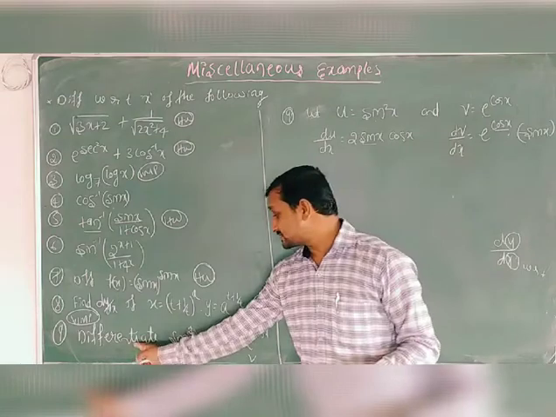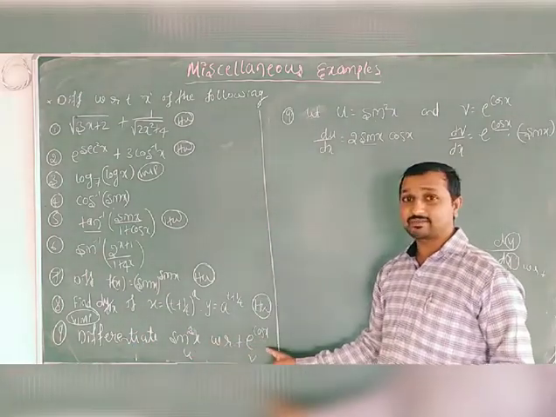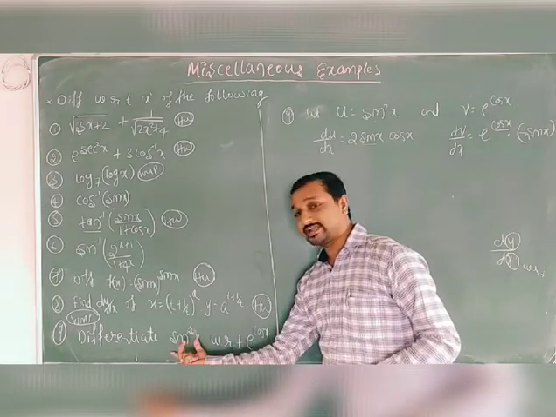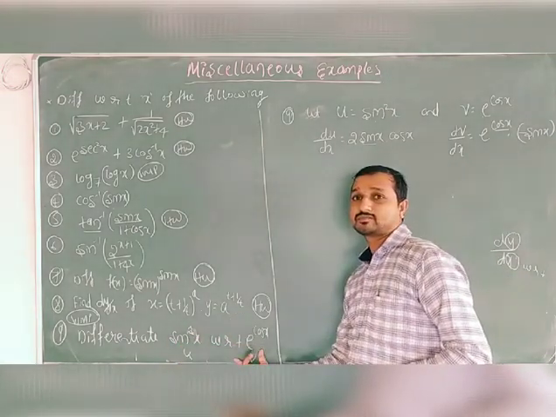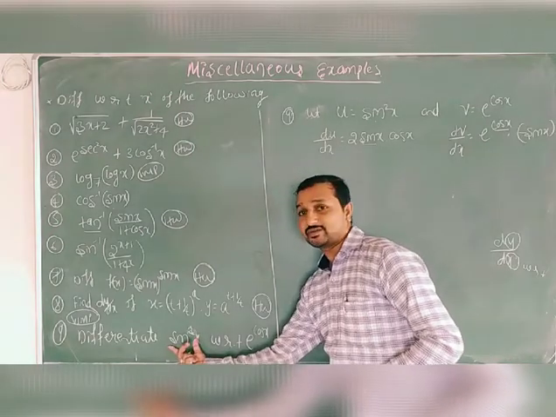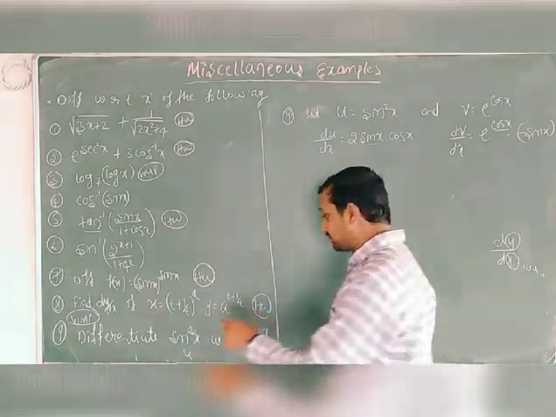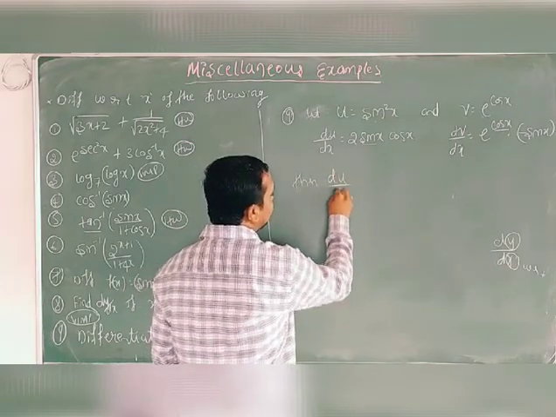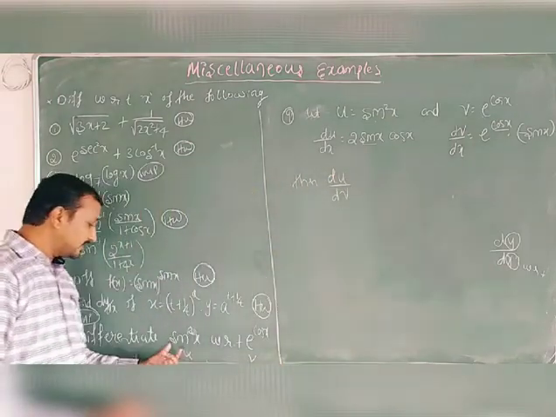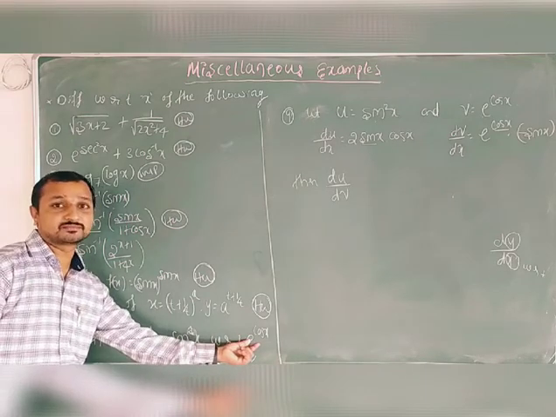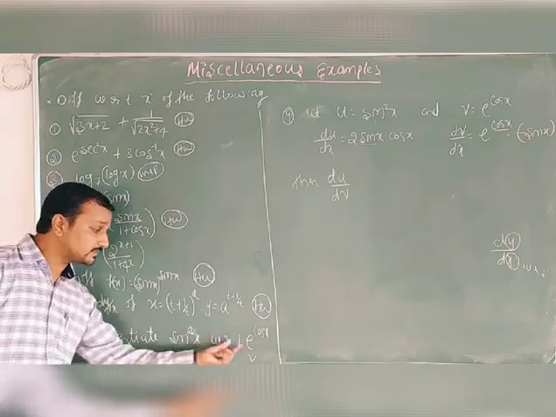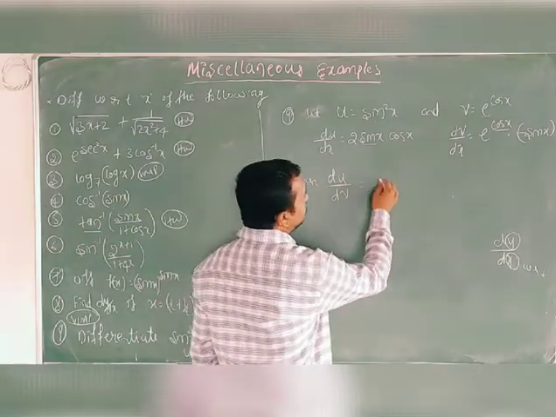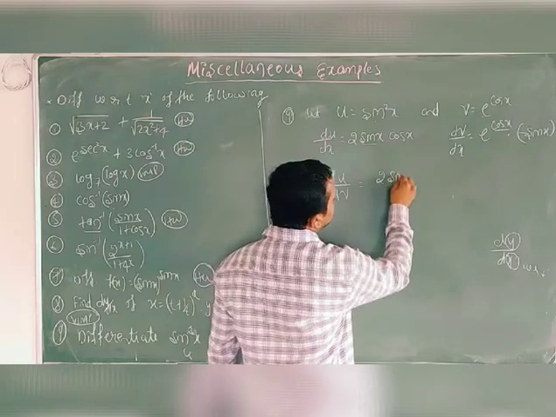Like that, differentiating u with respect to v is du by dv. Differentiate sin square x with respect to this function. This is the dependent variable and this is the independent variable. So then we find du by dv. Is that clear? Derivative of u with respect to v is du by dv. That is equal to, what is the value of du? 2 sin x cos x.